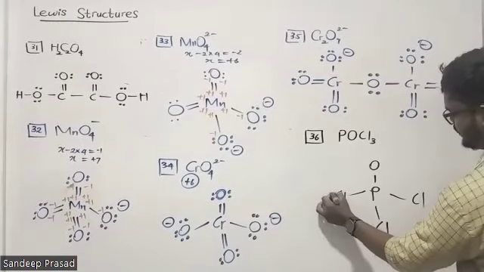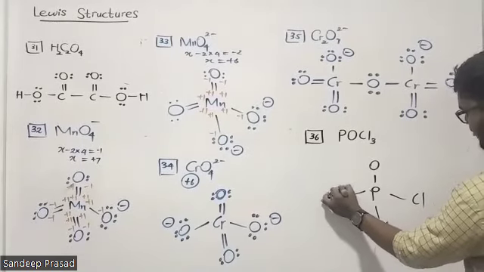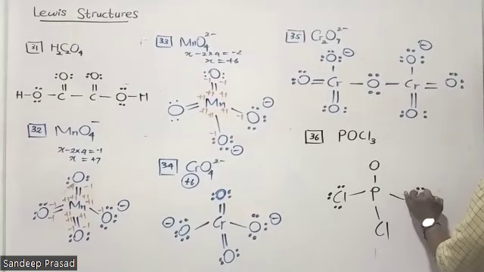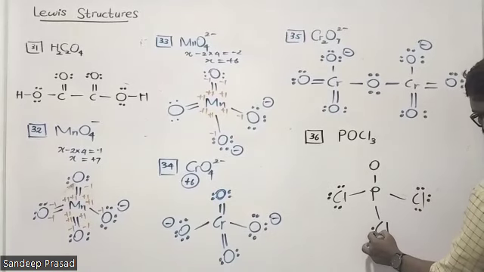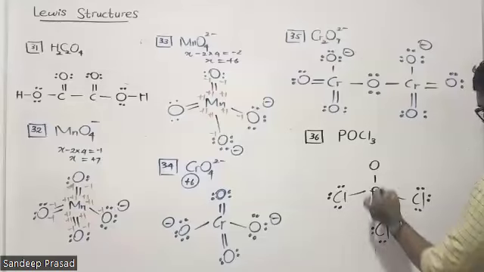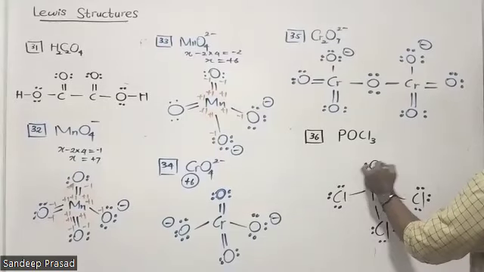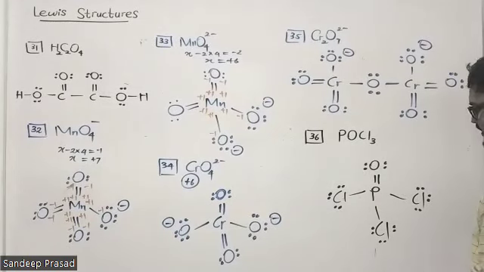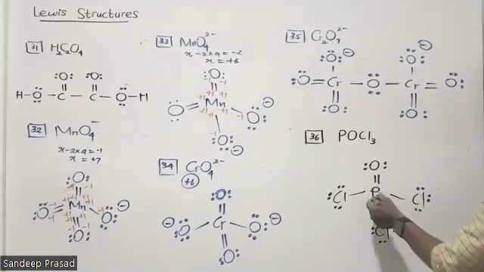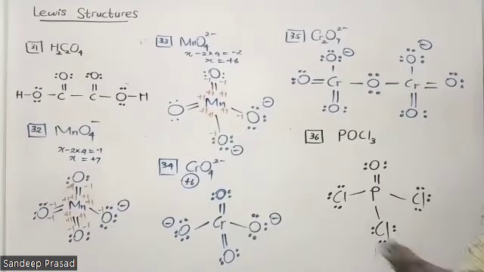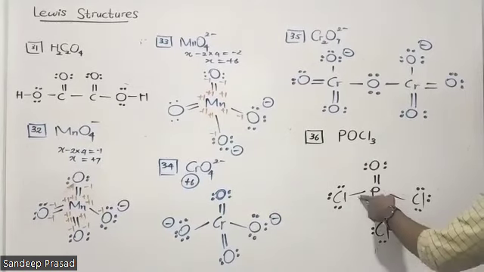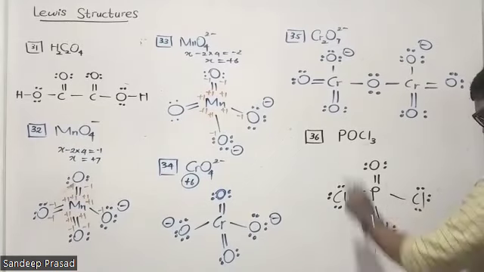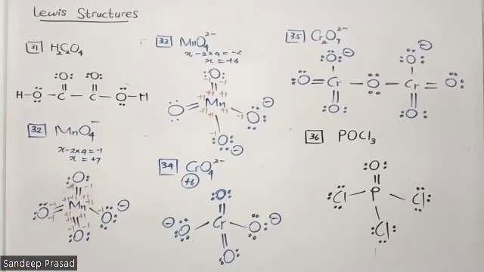We know that chlorine always makes a single bond, and for oxygen we can make a double bond. So oxygen, chlorine, everything is satisfying the octet as well as valence shell electrons. Phosphorus exceeding the octet doesn't matter. Third period. What about the valence shell? 1, 2, 3, 4, 5. Okay, perfect. POCl3.